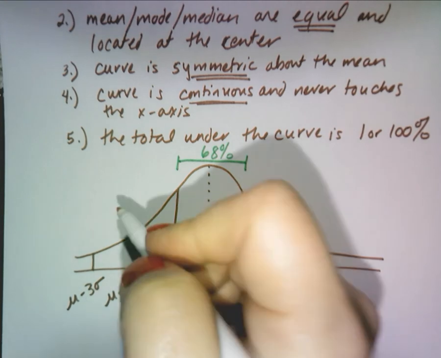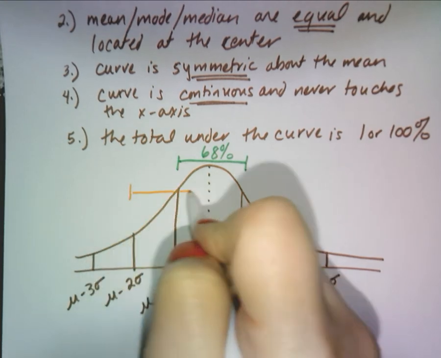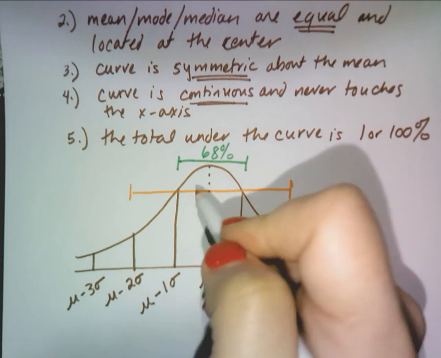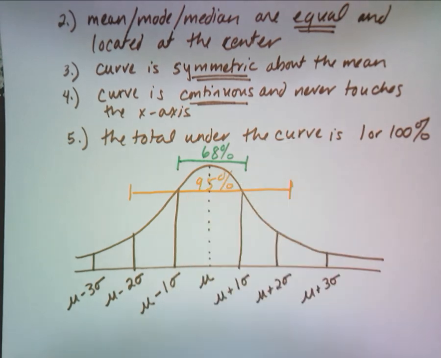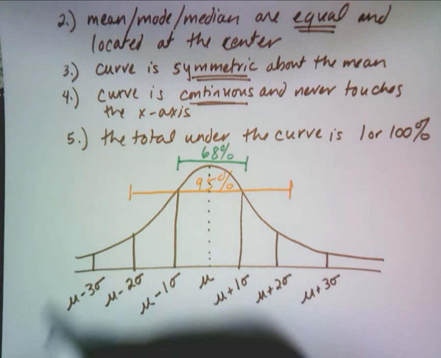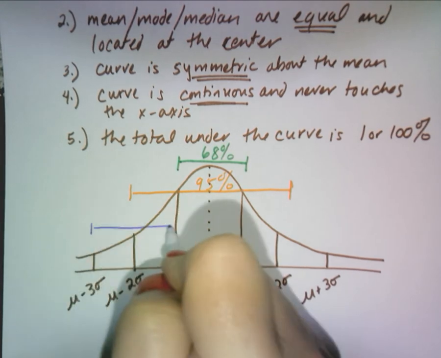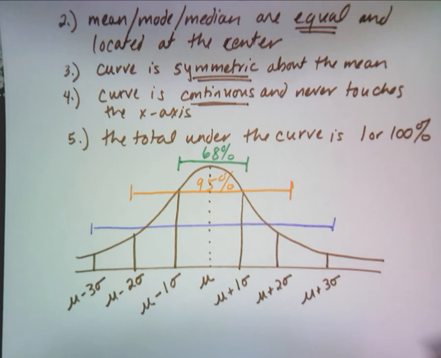Within 2 standard deviations of the mean, 95% of your data is within 2 standard deviations. If you go to 3 standard deviations, you are not fully at 100, just so you know.